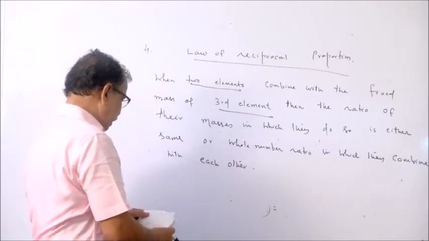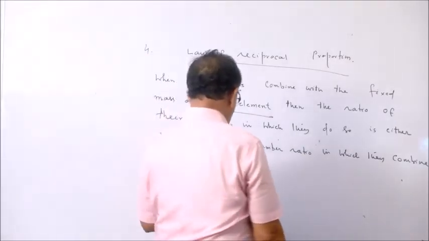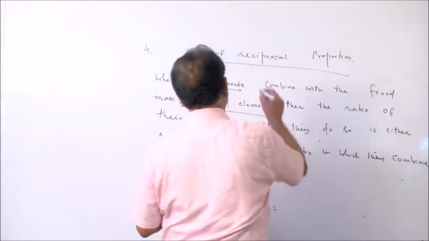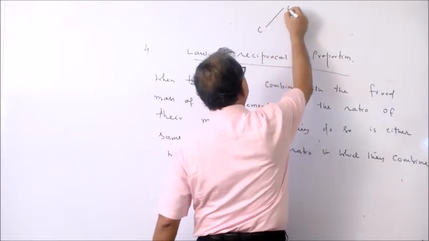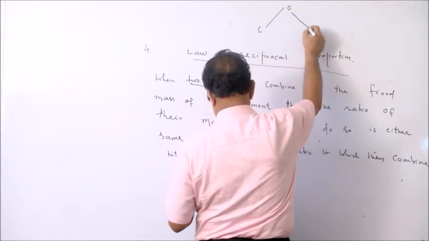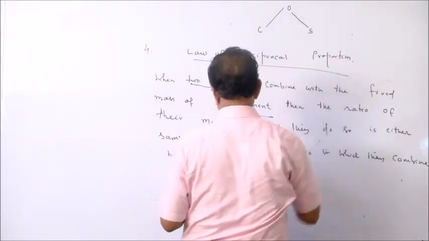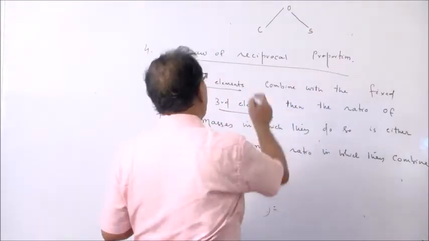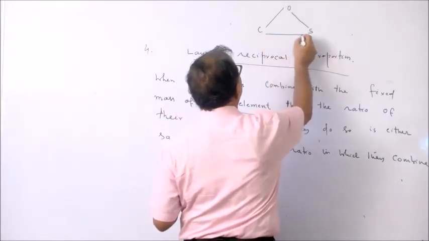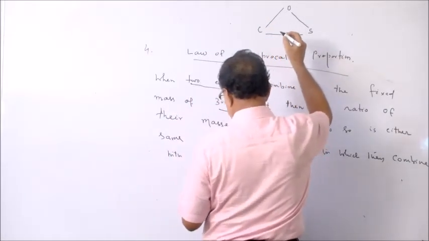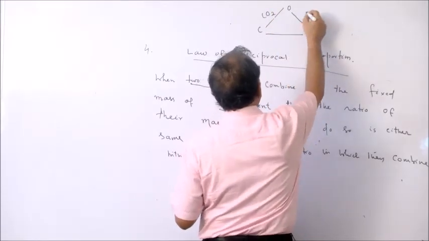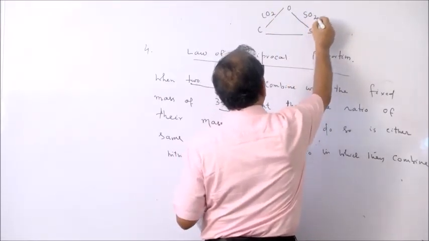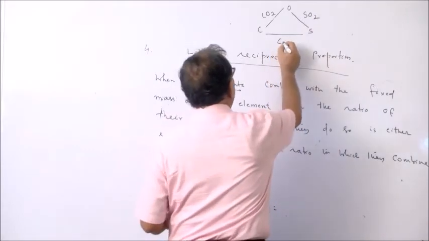Suppose, as an example, we take carbon, oxygen and sulfur. Carbon is the third element. It forms carbon dioxide with oxygen, SO2, sulfur dioxide, and carbon disulfide.